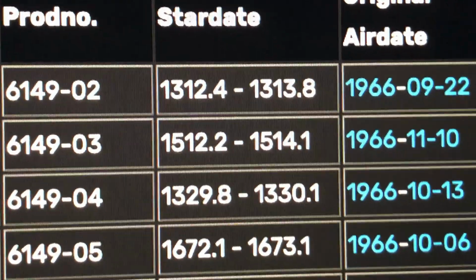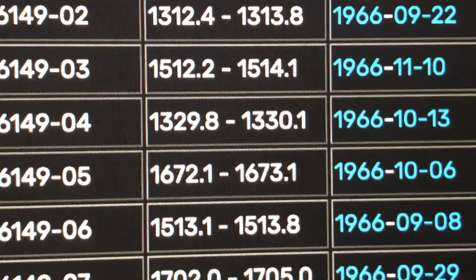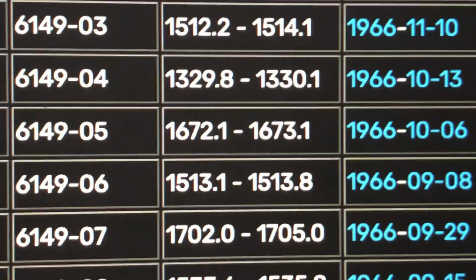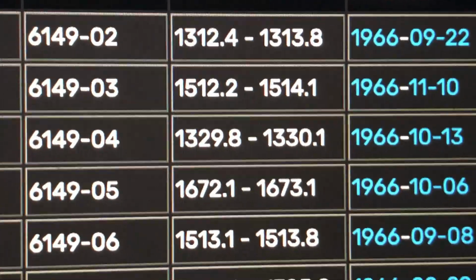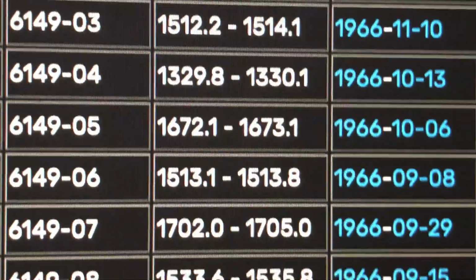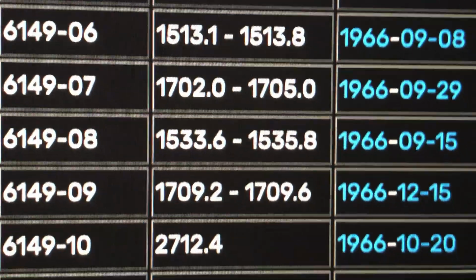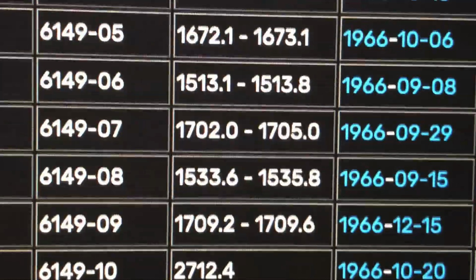Start in the 1300s, go to the 1500s, 1300s, 1600s, 1500s. Now, it's jumping around, but note that for the most part, the first digit stays the same. We're in the 1000s for all of this until we get down to there. Then we're in the 2000s.